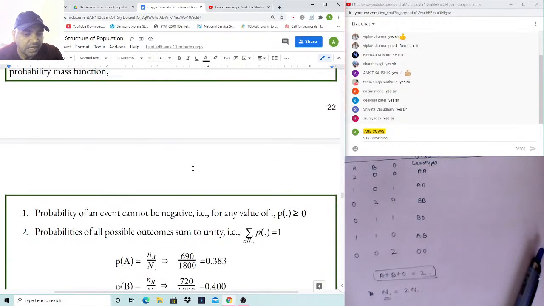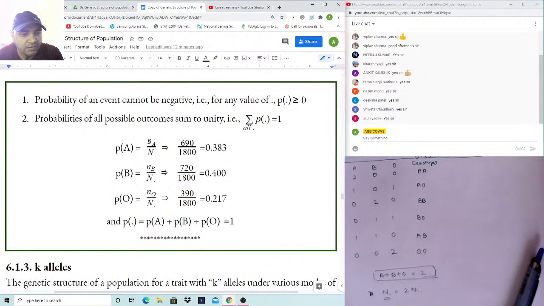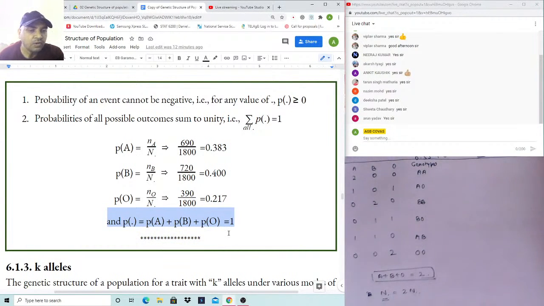To calculate the allelic frequency, you divide the number of that particular allele by the total alleles in the gene pool. So here we divide 690 by 1800. You will get the allelic frequency as 0.383, this as 0.400 and this as 0.217. When you add these all up, you will ultimately get 1.